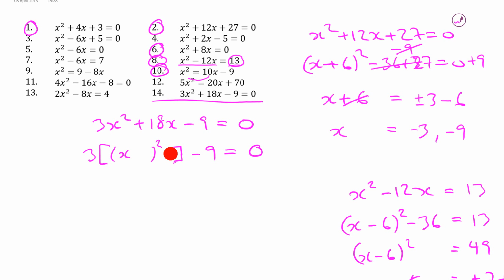Be careful. When you take the 3 out, that becomes a 6x. What comes to 6? The 18 divided by 3. So for that part I got plus 6x.